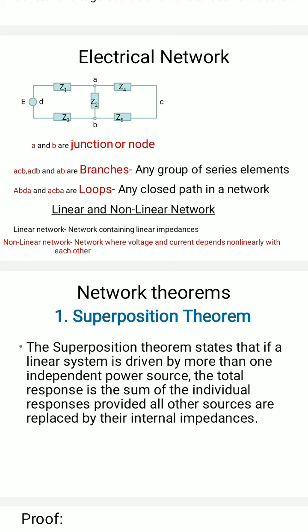But if you use some network theorems, it is much easier to find the current through a particular branch or element. If you want to find that, you can use these kinds of theorems.